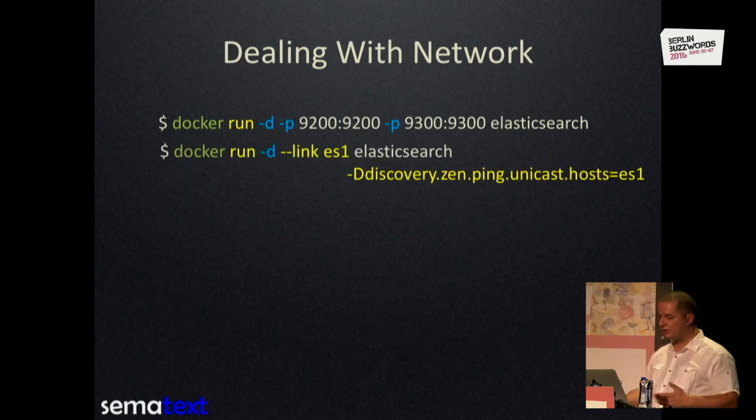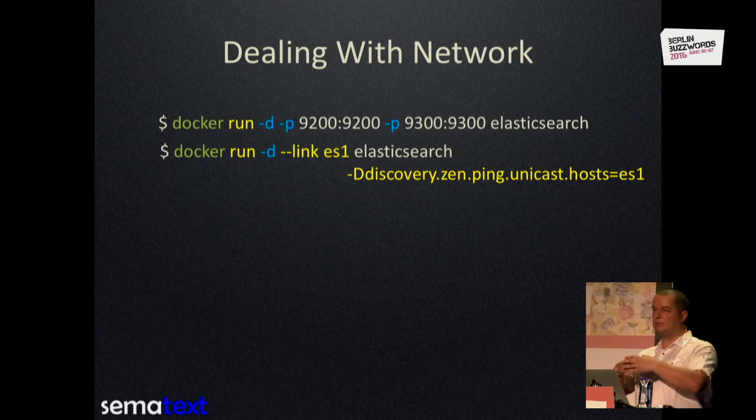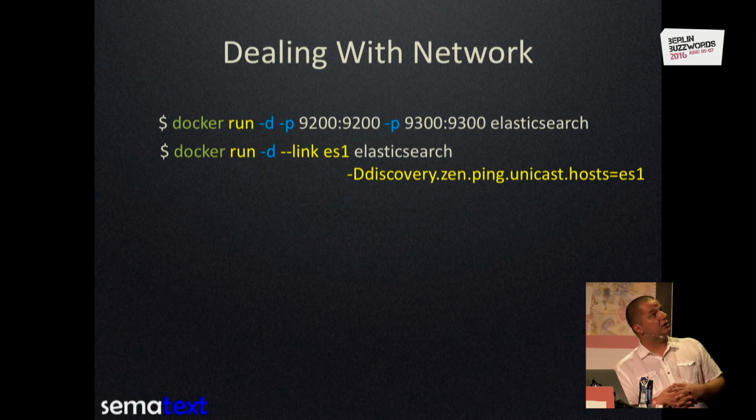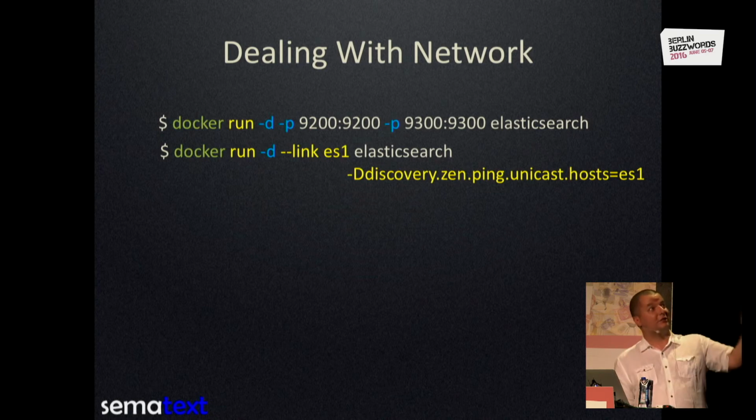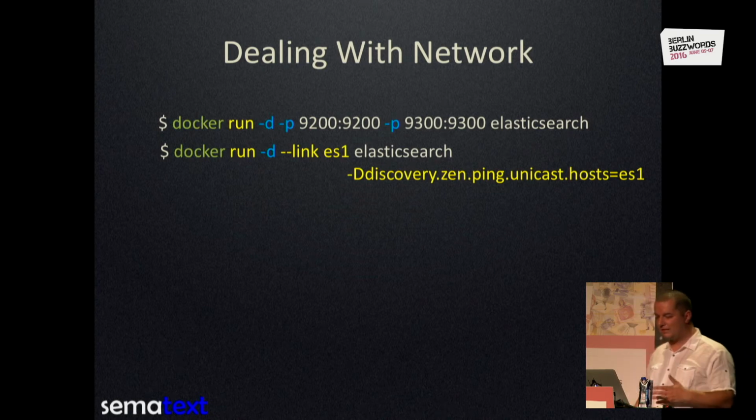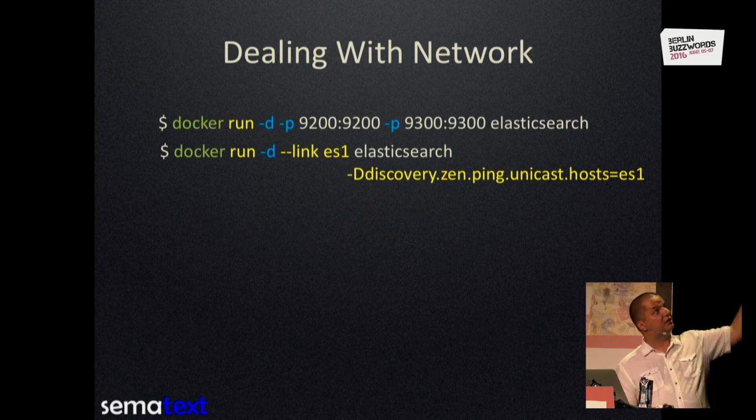In addition to that, we can link containers together to create a very simple cluster, for example, on a local machine. To do that, we use the --link option, and we provide the name of the container that we want the starting container to link to. So here we link the container that we'll try to run to the container called ES1.